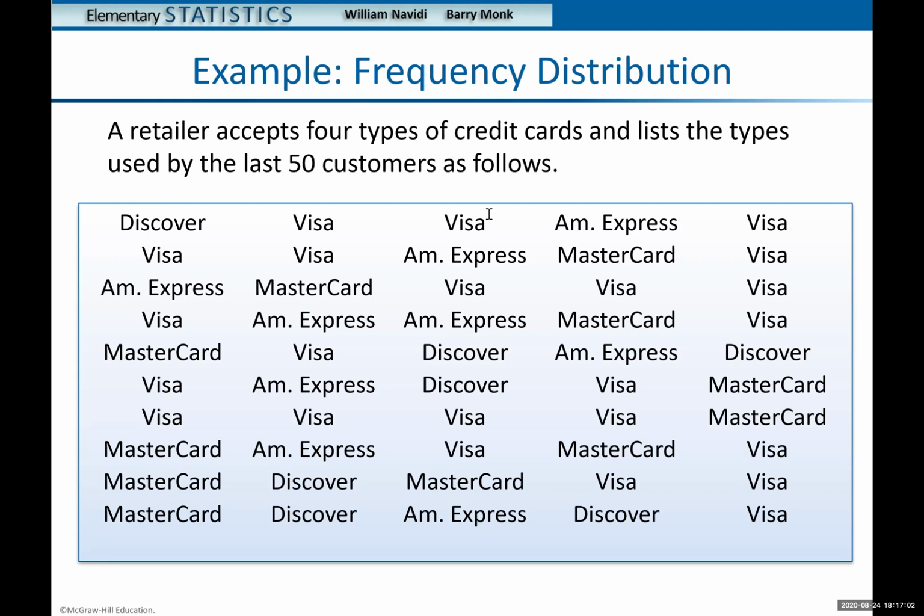So what we do is we have to tally all this. So let's say, for example, those 4 are Visa, American Express, MasterCard, and Discover.